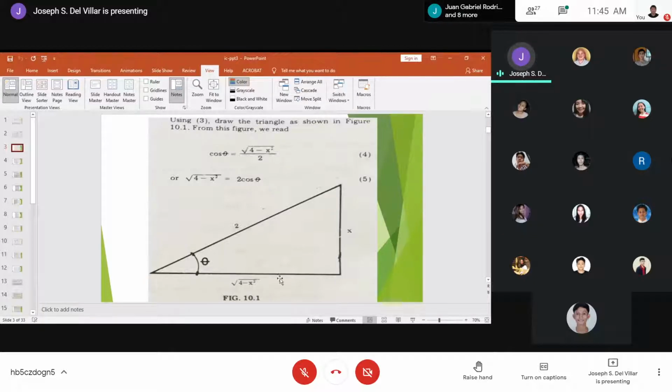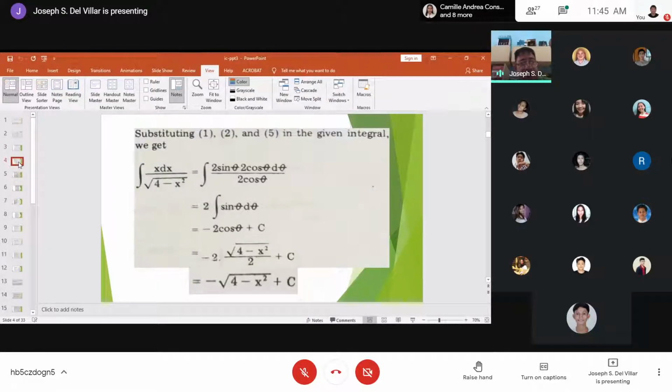And then, itong side na wala pang label, dyan mo na i-apply yung Pythagorean, gagamitin mo na si 2 tsaka si x. And that is the square root of 4 minus x squared. Okay? Nakuha nyo na ba? Si Adeline, nakuha na?